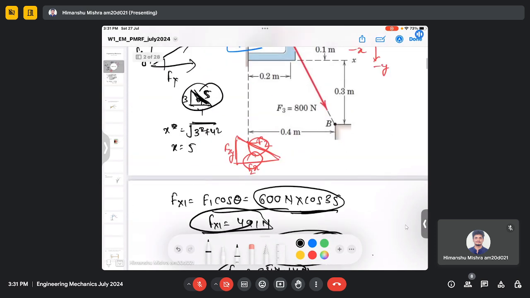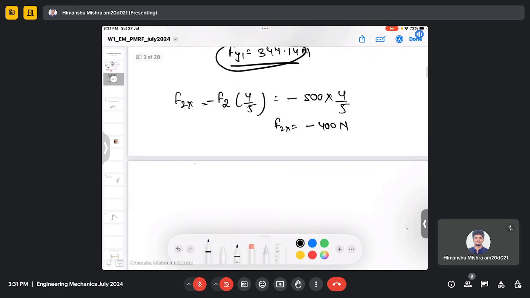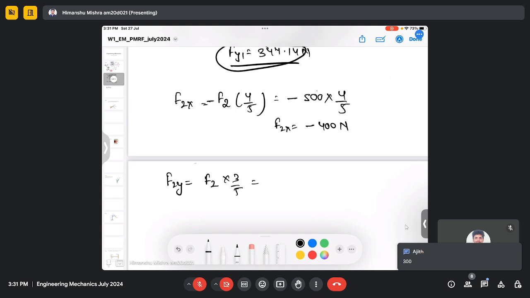Now, in order to find the y component, you have to choose this side and this side. Using these sides and trigonometry, I have F2 times 3 by 5, so it will be 500 times 3 by 5, which comes out to be 300 Newton.